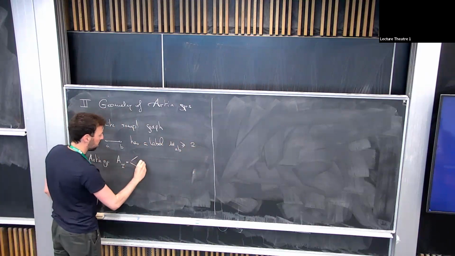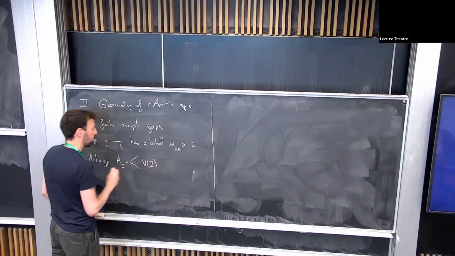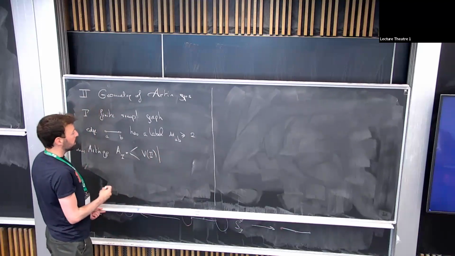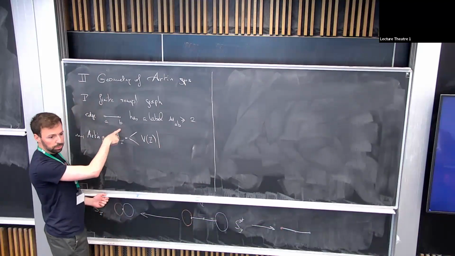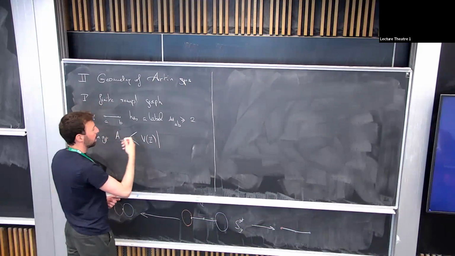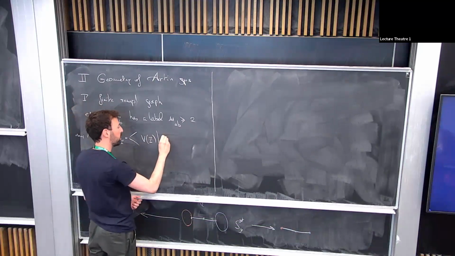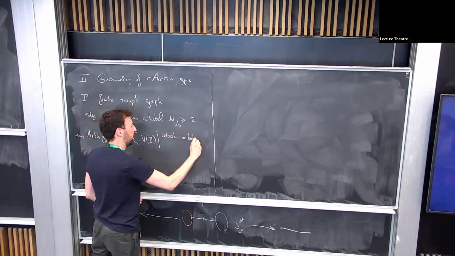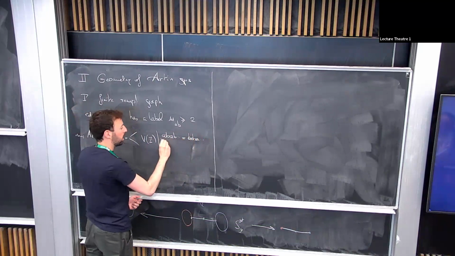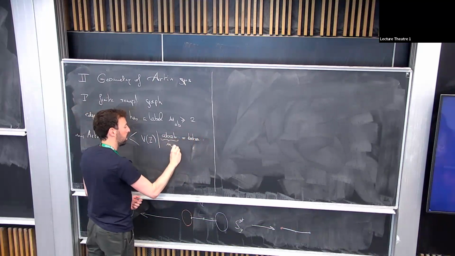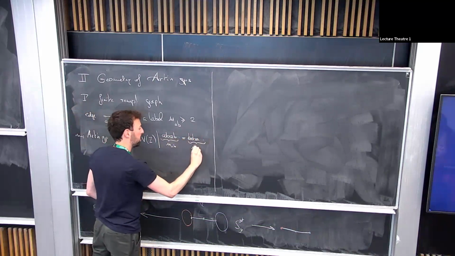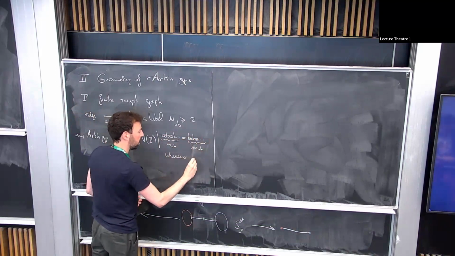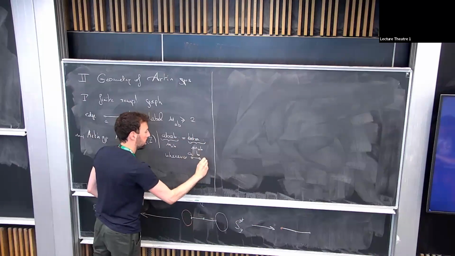The generators are the vertices of gamma, and the relations are, whenever I see an edge between two generators, I'm going to put a sort of generalized braid relation, ABAB etc. is equal to BABA etc., where here I'm seeing m_AB letters, and here I'm seeing m_AB letters whenever the edge AB is contained in gamma.